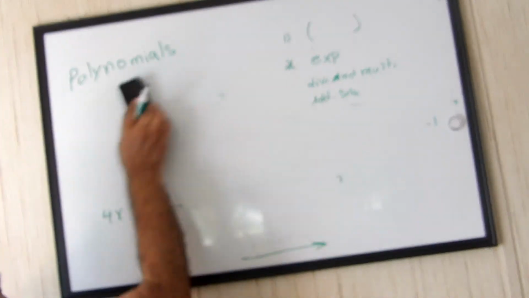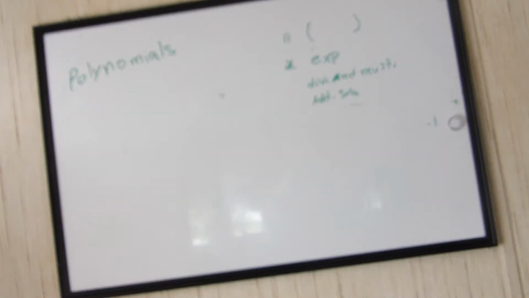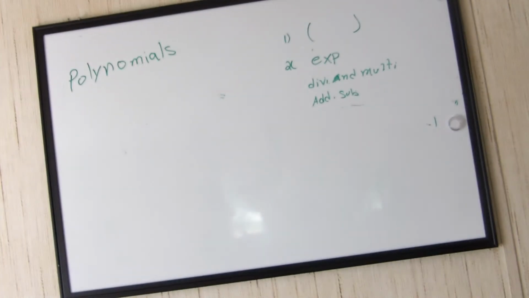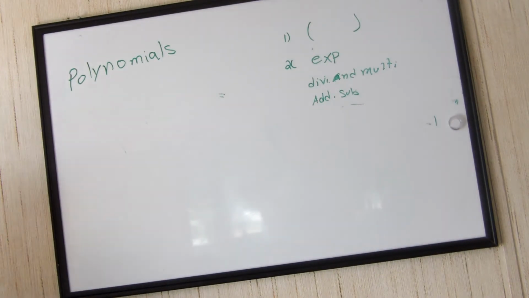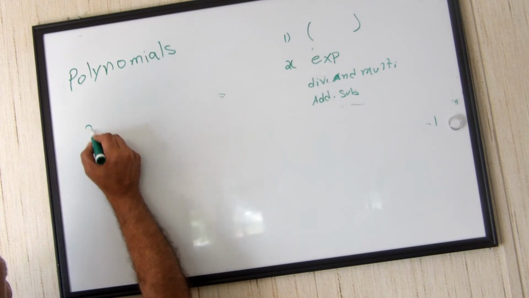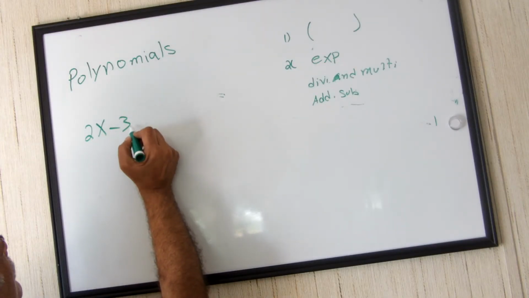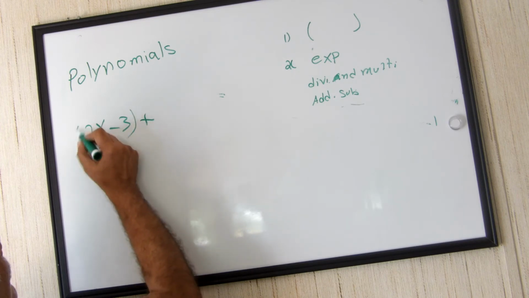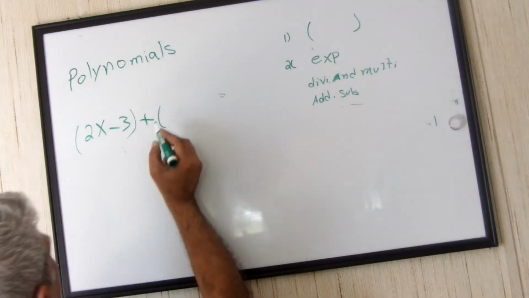Okay, now we talked about the multiplication of these two, and now we have 2x minus 3, then plus, this is an expression, and the other, we are going to add two binomials together.